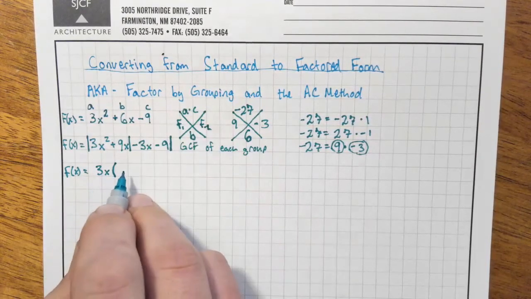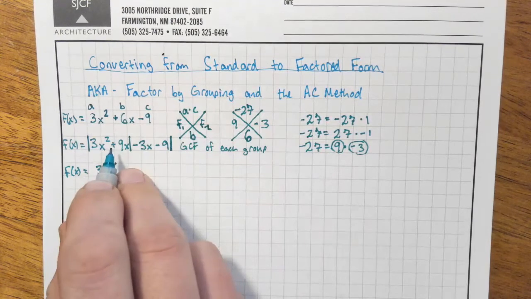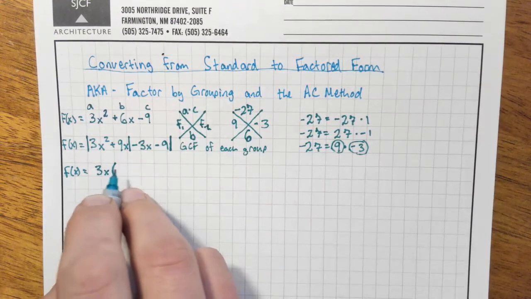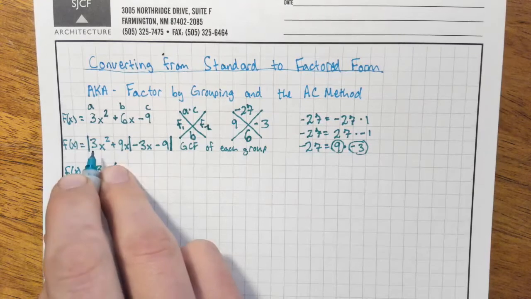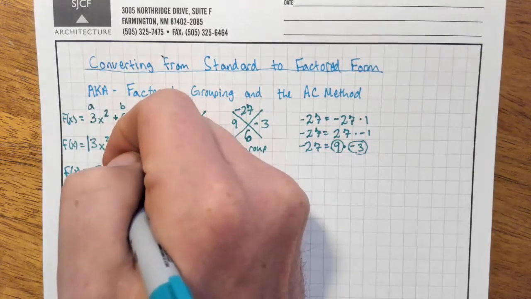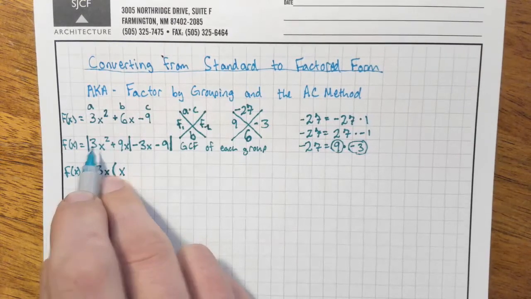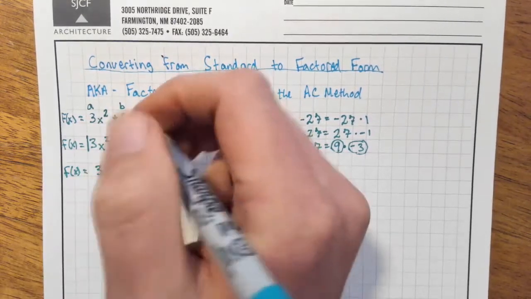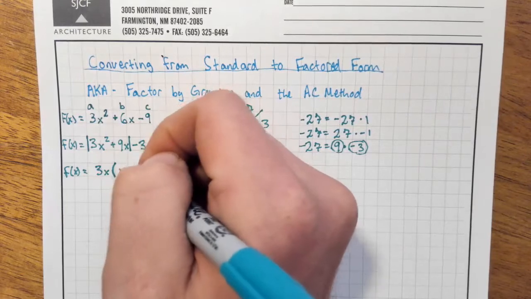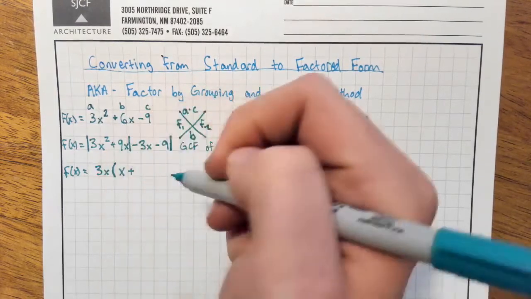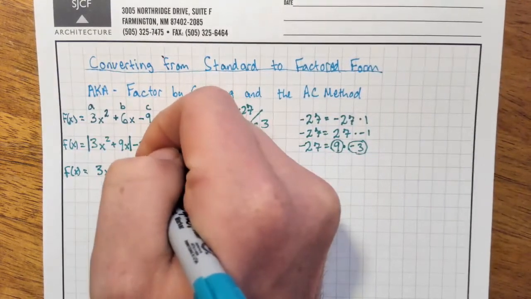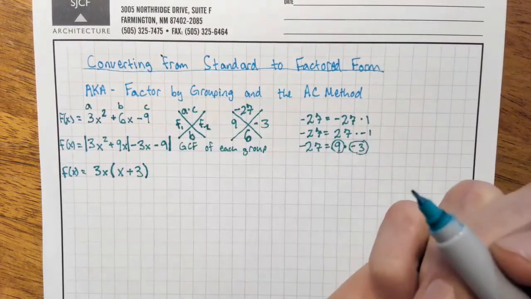What can I multiply to get back to where I started? 3x times something gives me 3x squared. The answer to that is just x. 3x times x gives you 3x squared. Plus 3x times 3 would give you 9x. Fantastic.